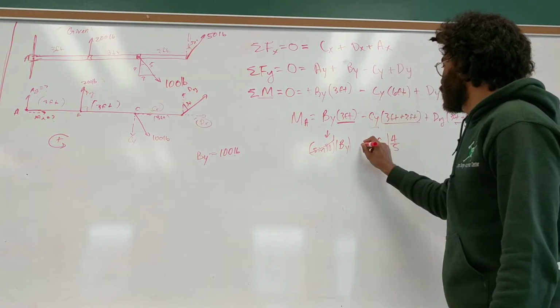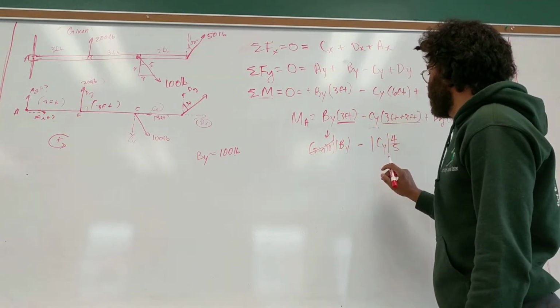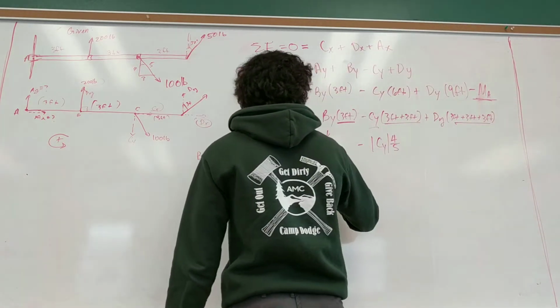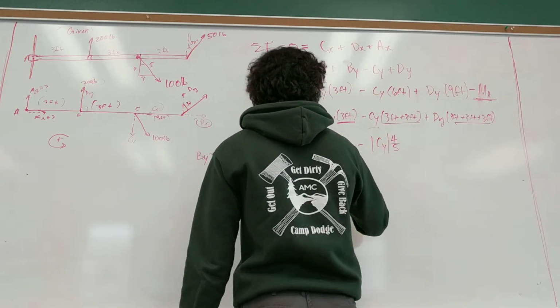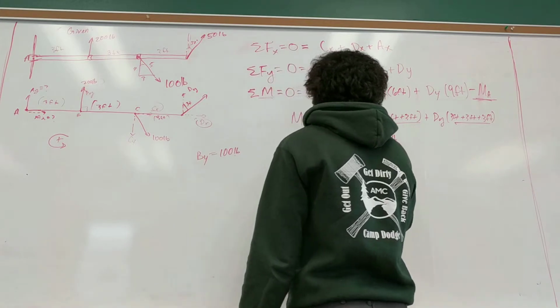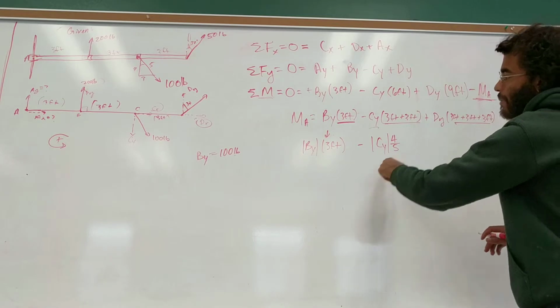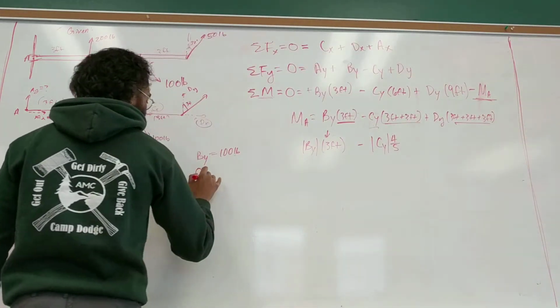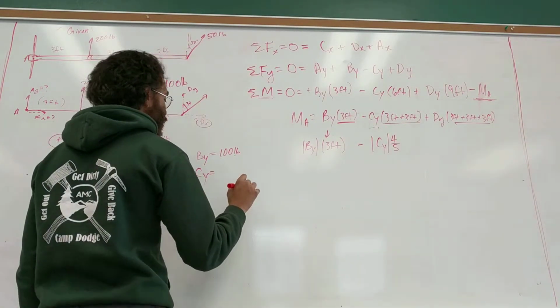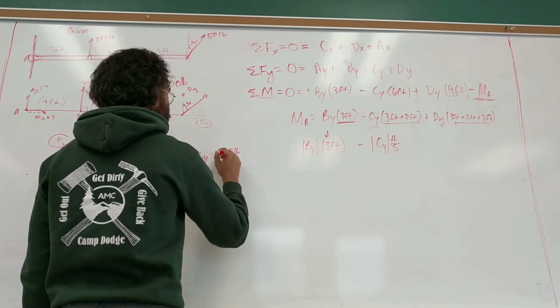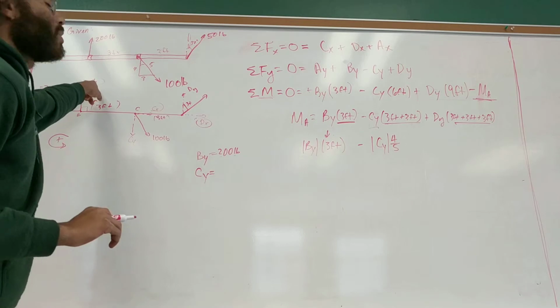The magnitude of CY, sorry, so we're just going to get the magnitude of BY here times 3 feet. And we know BY is that. And we know that means that CY, I'll write it over here, CY is going to be equal to, I meant 200 for BY because it says 200.